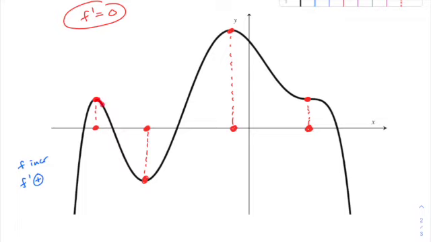And after that, f is decreasing, so f prime is negative. So we're going to start above the x-axis, f prime is positive. And then at that 0 that I've already drawn, I'm going to cross the x-axis into the negative territory.